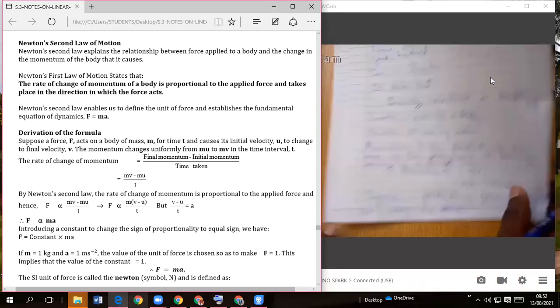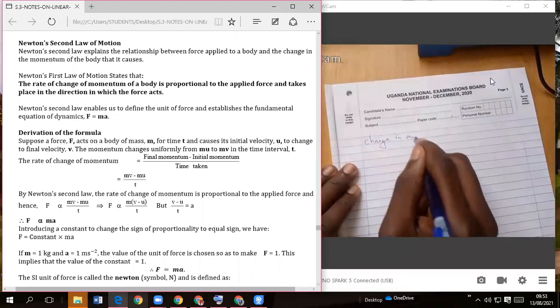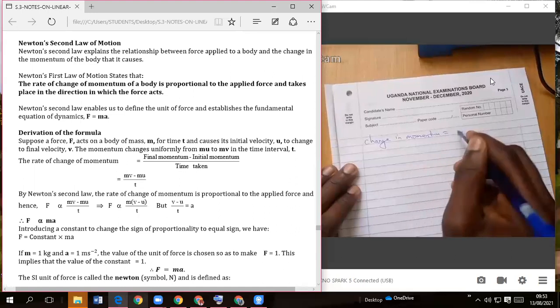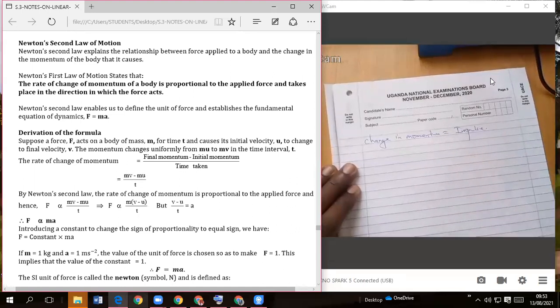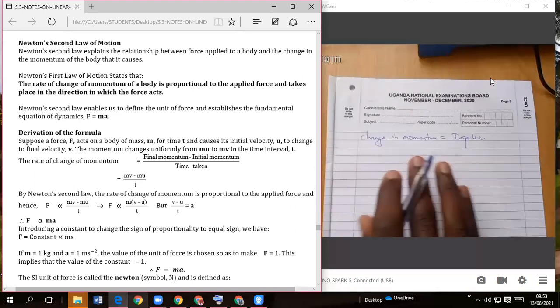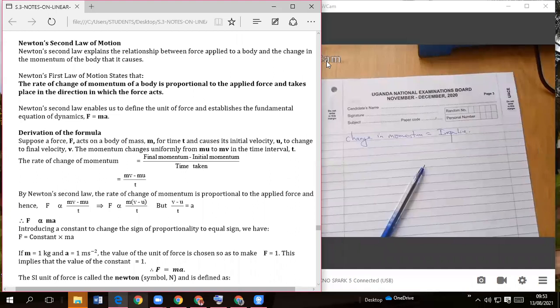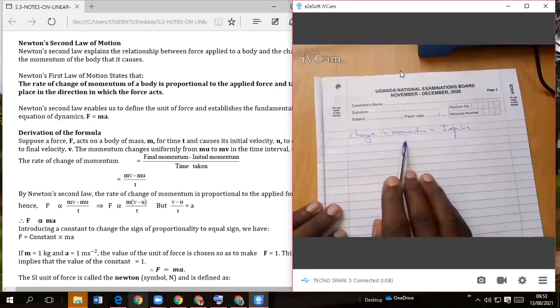We went ahead and said that change in momentum is equal to impulse.